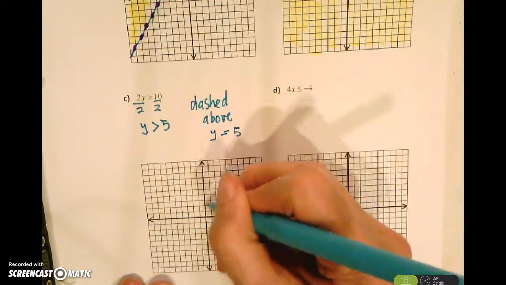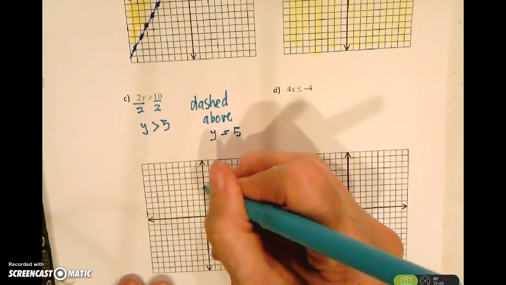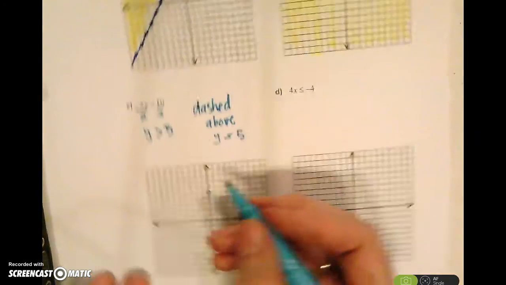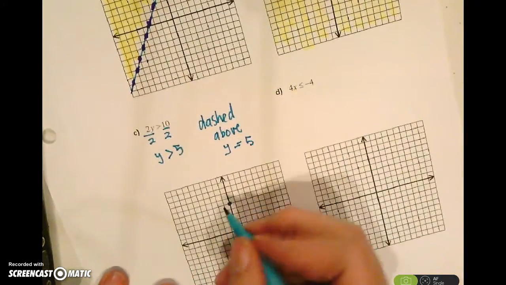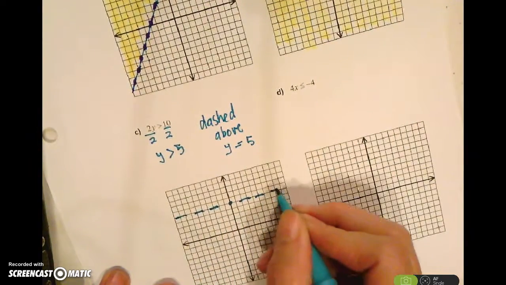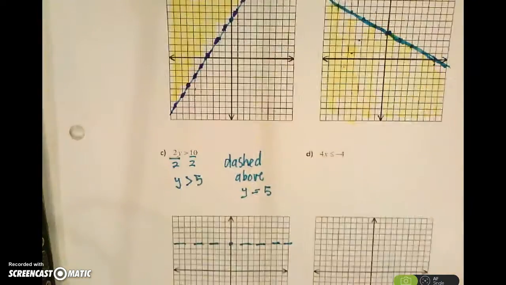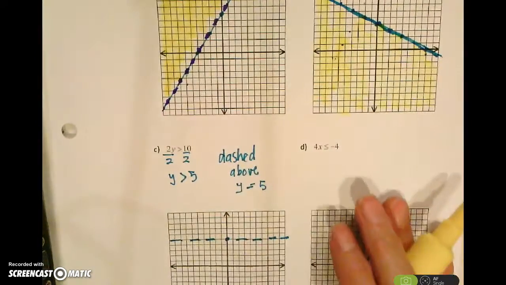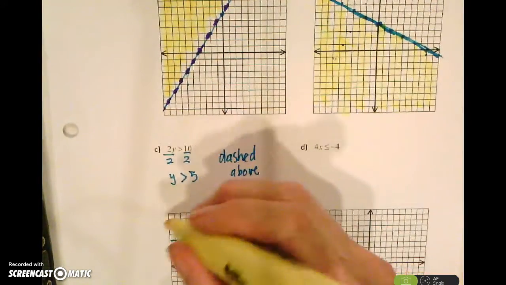It's a horizontal line, 1, 2, 3, 4, 5, and it's going to be dashed. So let's see if I can dash this here. There's my dashed line, and because it's greater than, I'm going to shade above it.